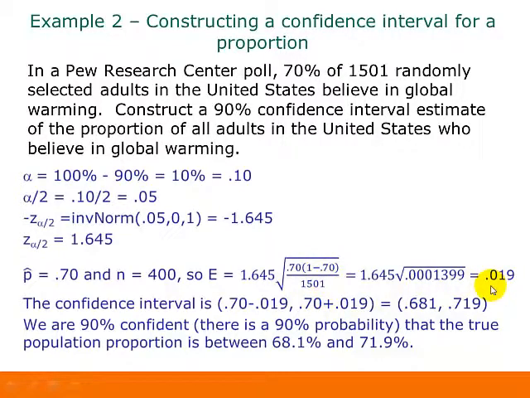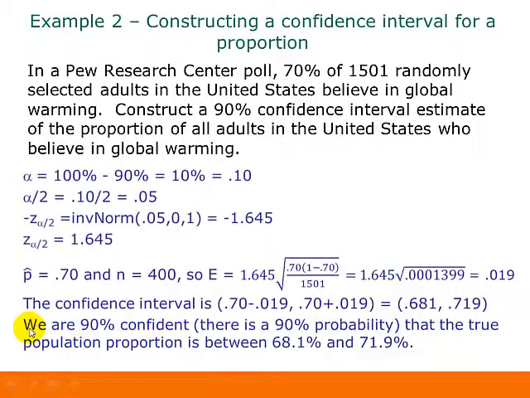And that turns out to be 0.019. So our lower limit is 0.70 minus 0.019, our upper limit is 0.70 plus 0.019. So our confidence interval is 0.681 up to 0.719, or from 68.1% up to 71.9%.